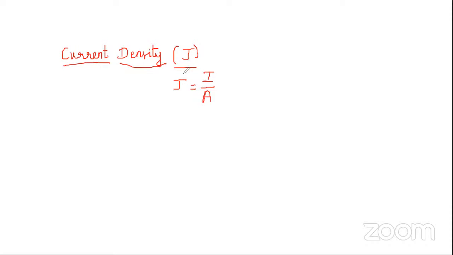So this is called current density, and the SI unit for current density, what will it be? Can anyone predict that? The SI unit for current density? Ampere per meter square. Absolutely right.